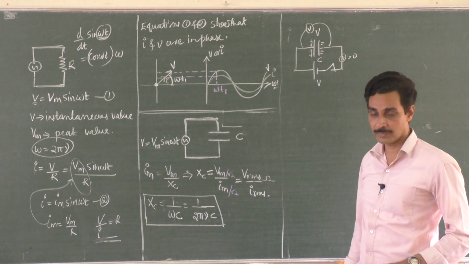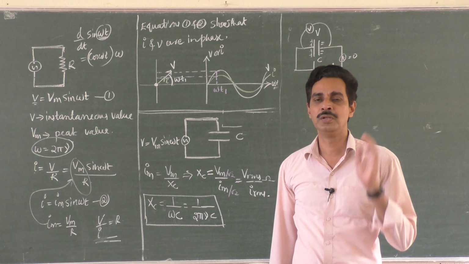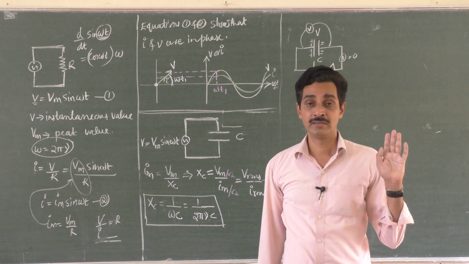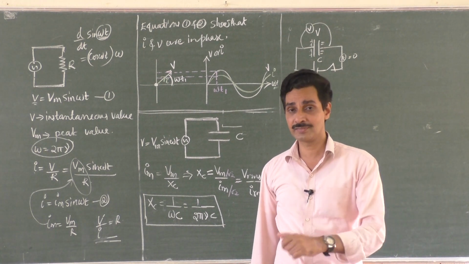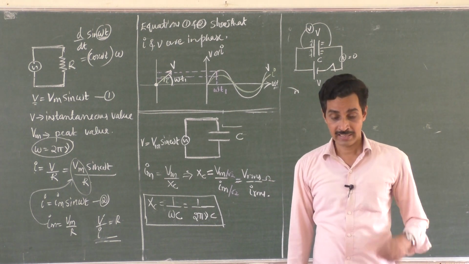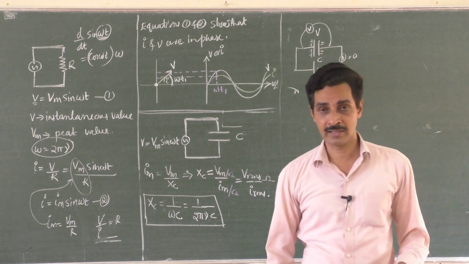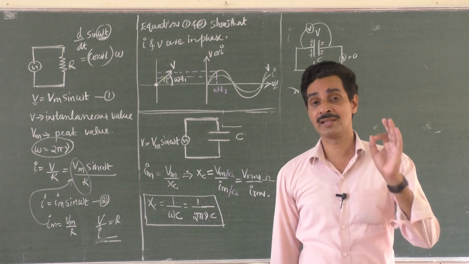Battery says, sir, capacitor is not allowing even a single bit of charge to move. Current is 0, sir. That means how much should be the resistance of the capacitor, the reactance of the capacitor? It should be infinity, correct? Am I right? Resistance given by the capacitor, what you call reactance, to the DC source is infinity.